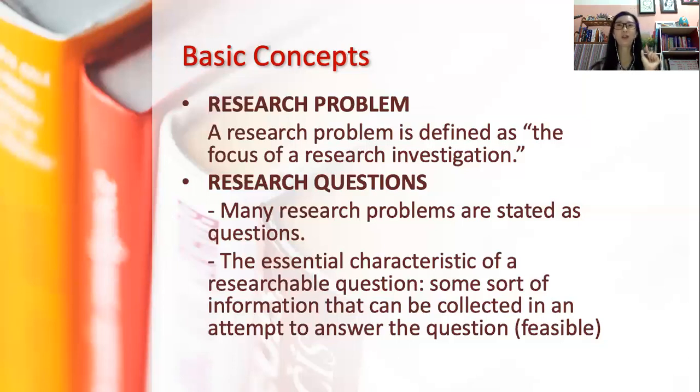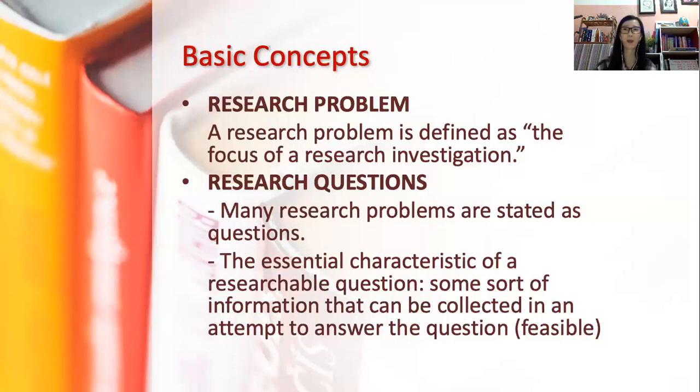The second one, which is more recommended, is from previous studies. Where can we find previous studies? Previous studies can be from the thesis or unpublished thesis, and more importantly, from published journal articles.